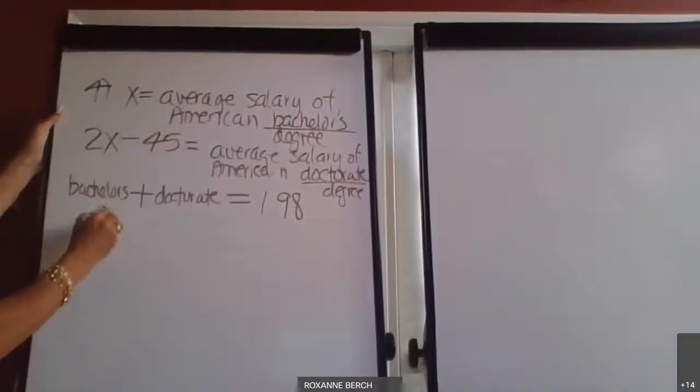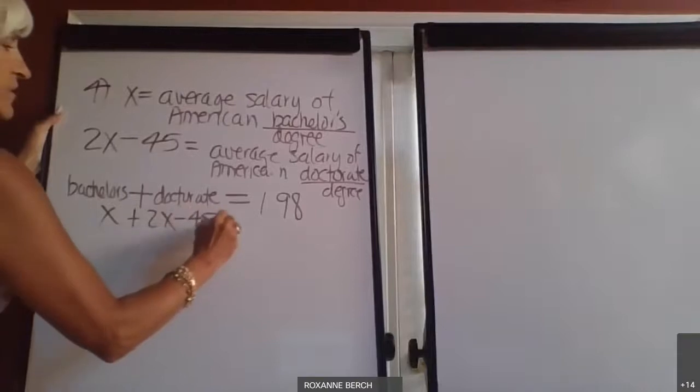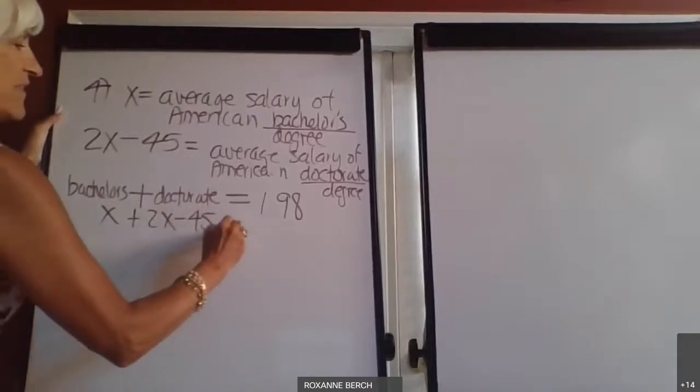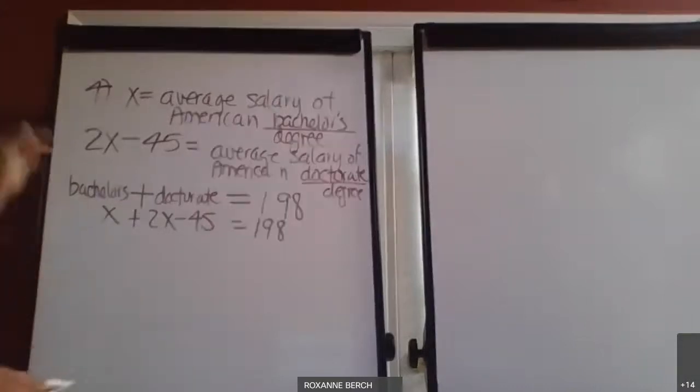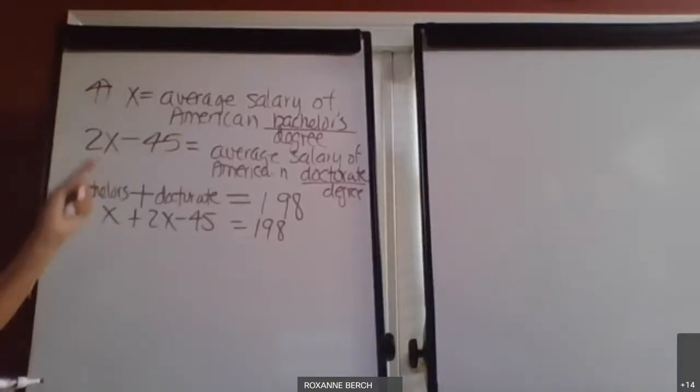So the bachelor's is going to be X. The doctorate is 2X minus 45. And they're saying X, that's going to answer this question. And when we find X substituted into this, we'll be done with the problem.